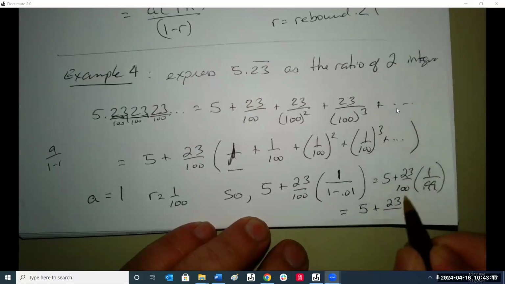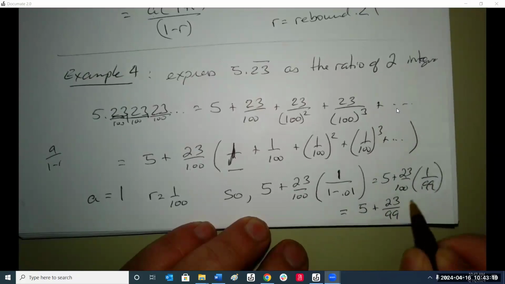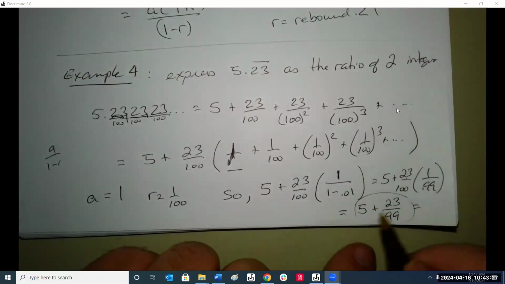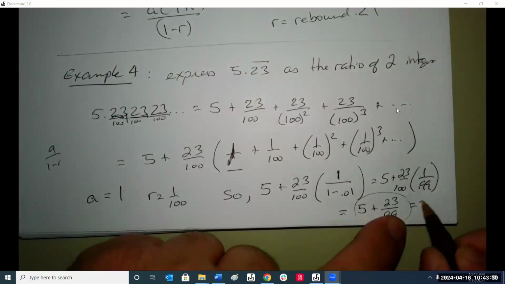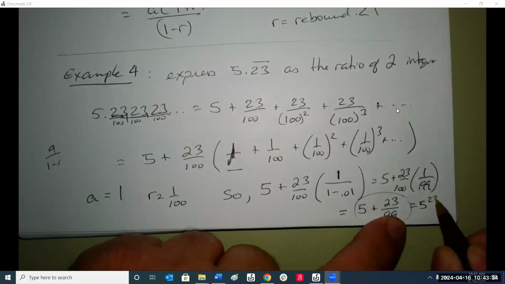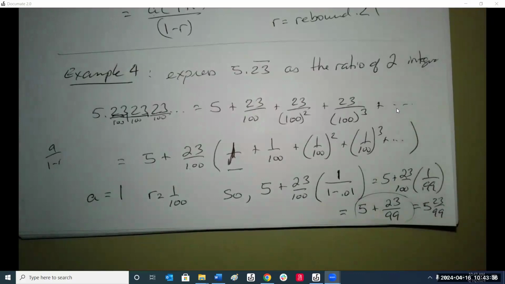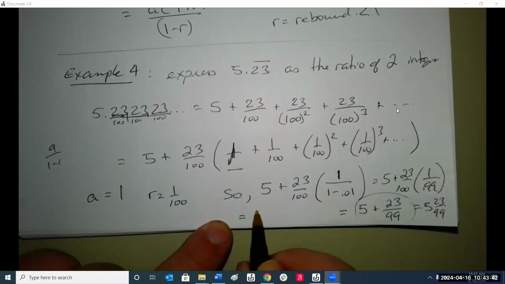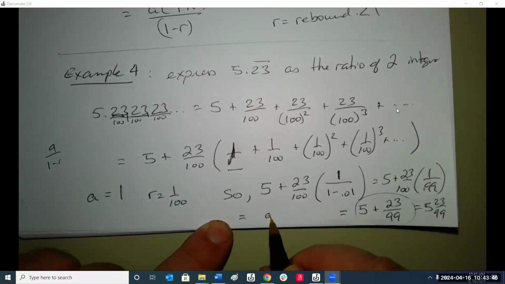Multiplying by 100, there's my answer, which is equal to 523 over 99.